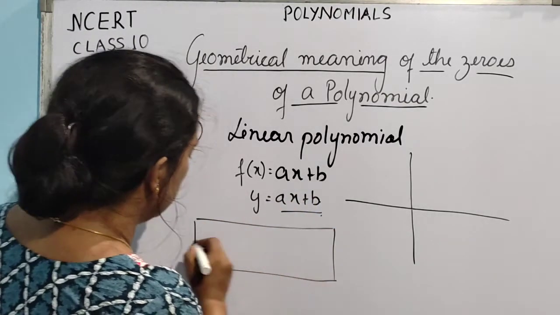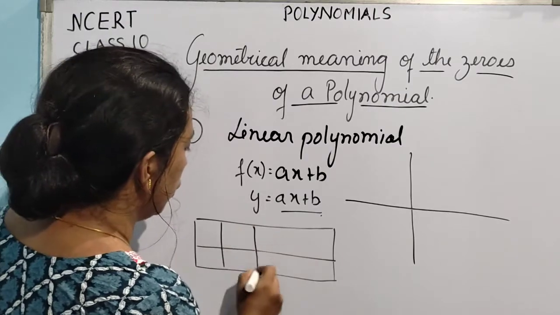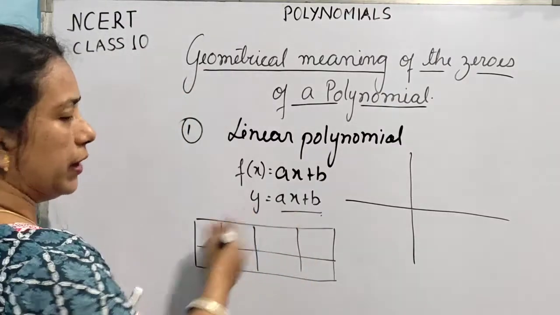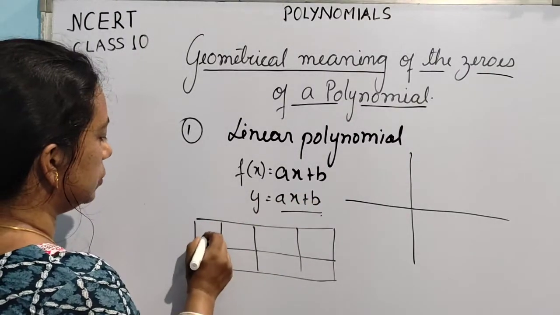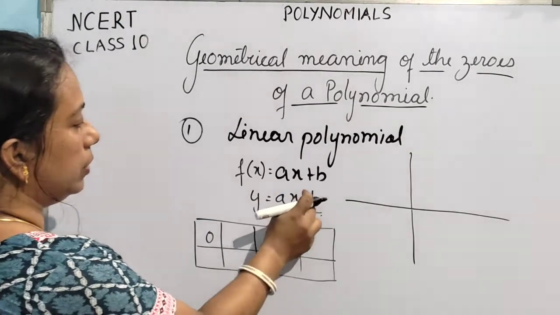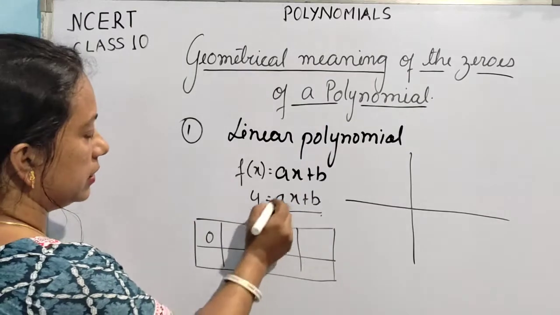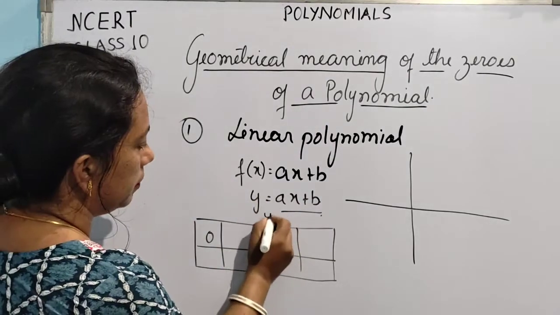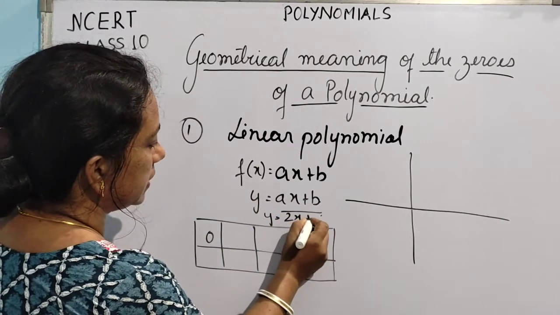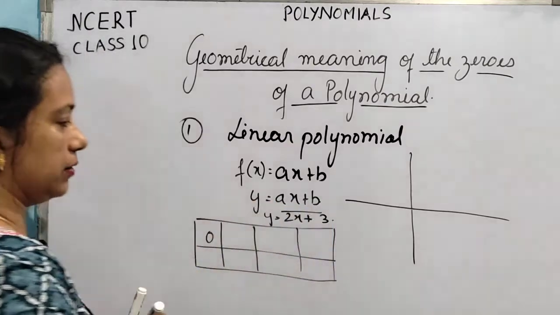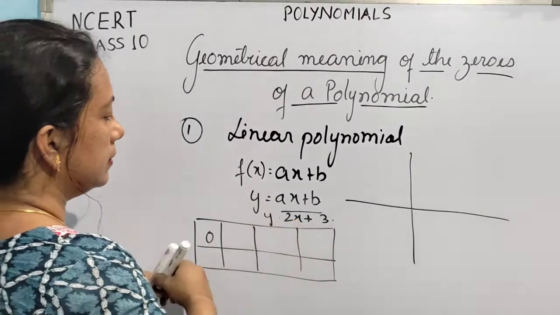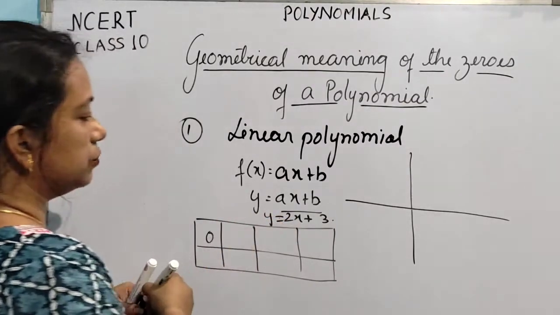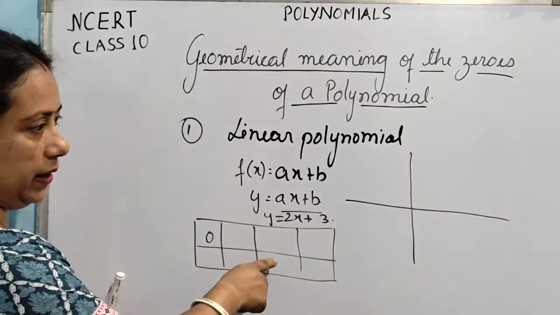In order to plot the graph for this linear polynomial, what we do is, for different values of x, suppose x is equal to 0, y will have some value. I can take a particular case, suppose 2x plus 3. By putting different values of x, we can get different values of y, isn't it?